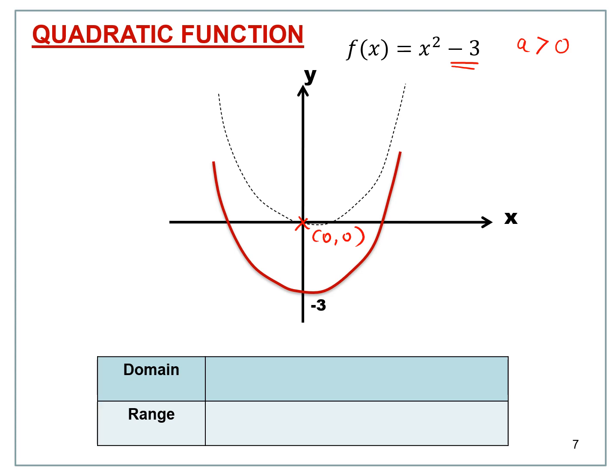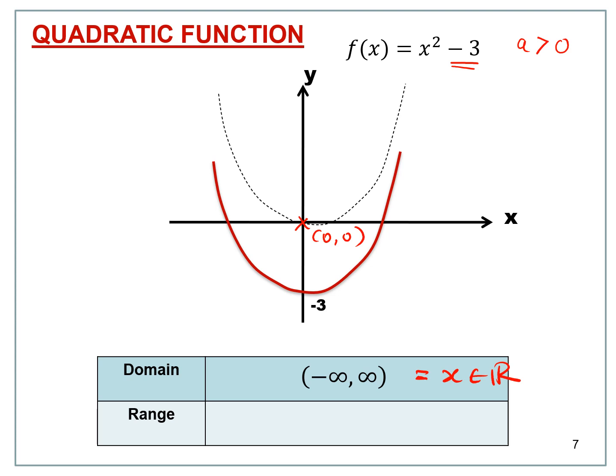Okay, so how to write the domain? The domain is the set of all values of x that are defined. So from negative infinity to infinity, or sometimes you can write x is a real number, which is also accepted. For the range, below negative 3 there is no graph.